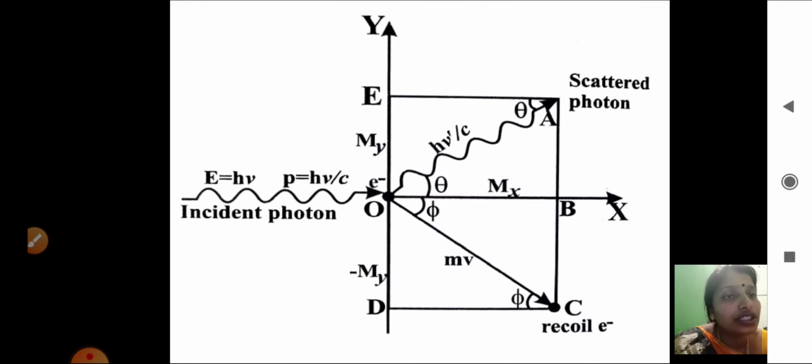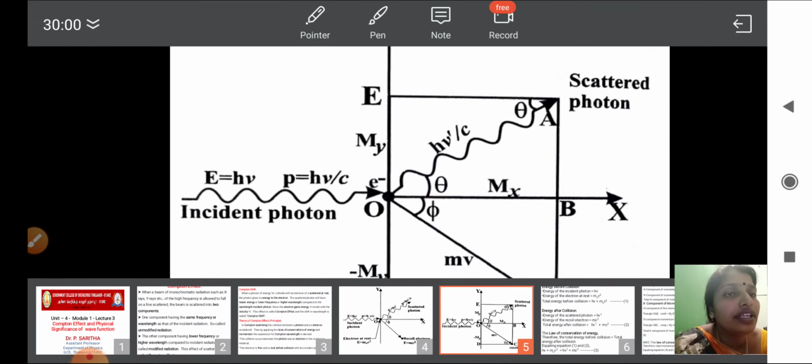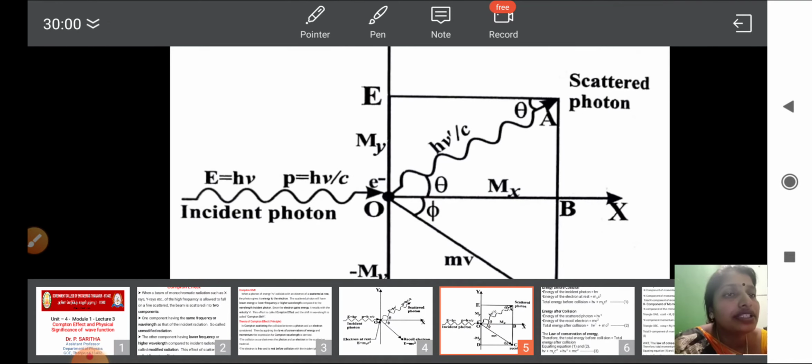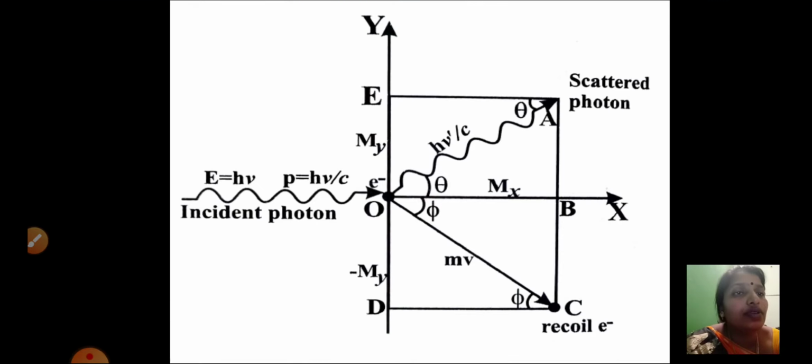Before collision it is only h nu by c. After collision it is h nu dash by c. In triangle OAB, cos theta equals mx divided by h nu dash by c.